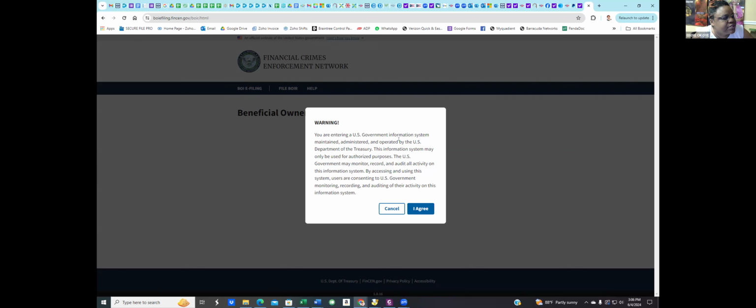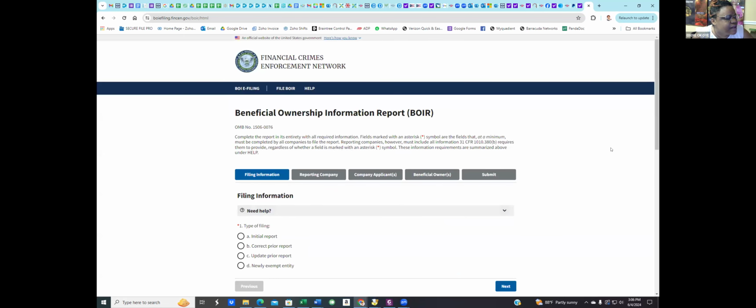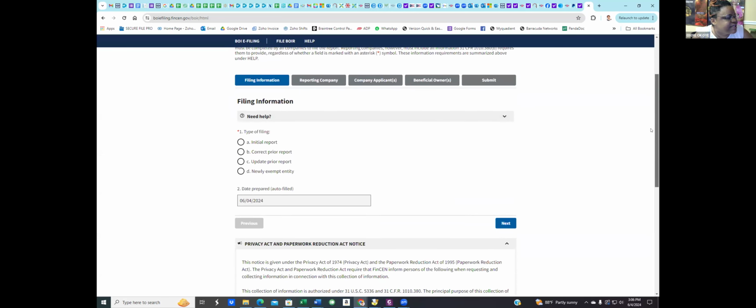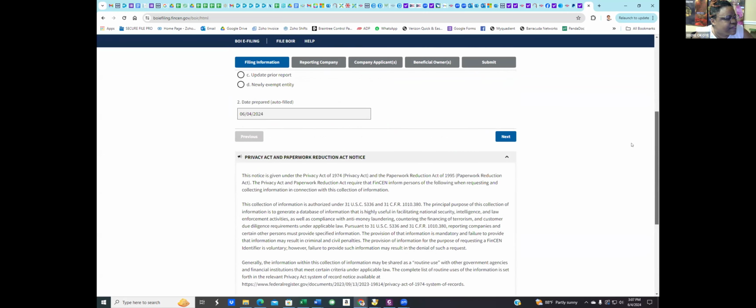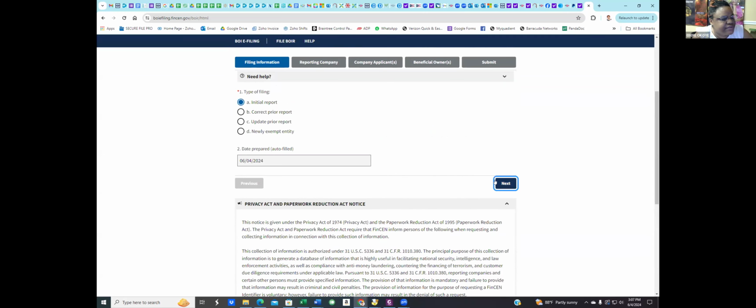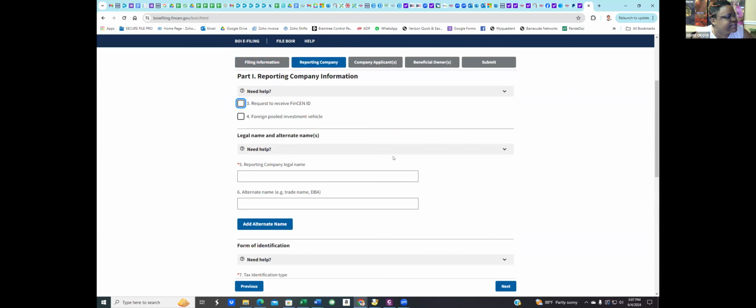You are entering into a government information system. I agree. And here it says filing information: initial report, correct, update, new exempt. So I'm going to say initial. And then it says Privacy Act notice. I'm going to say next.